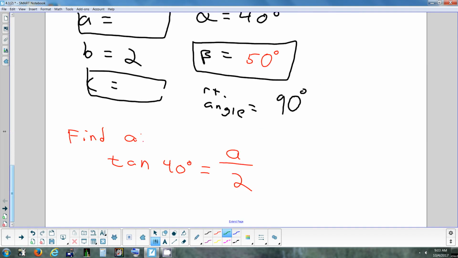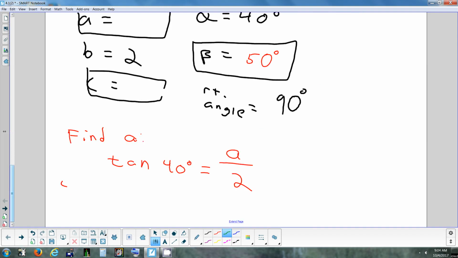So Irene, how would I get the 2 on the other side and get A by itself? To do the inverse of tan? No, you don't need to use inverse tangent. We are going to talk about that later. There is going to be a time when you do need to use it, but not in this problem.